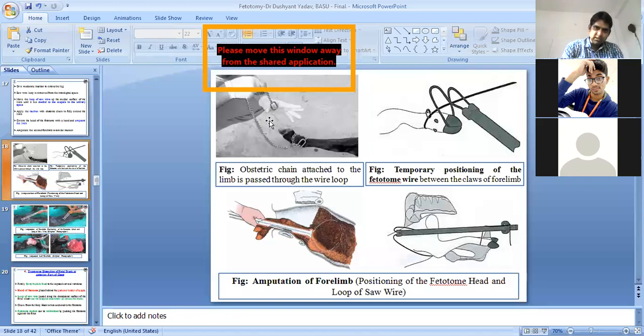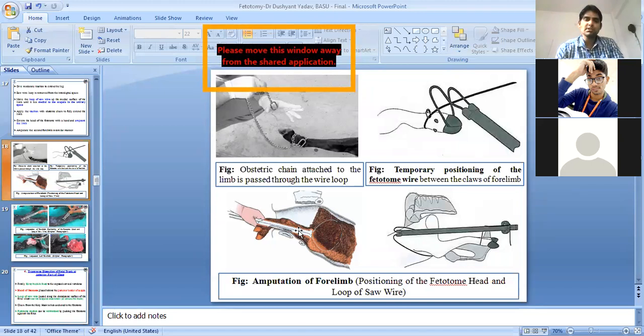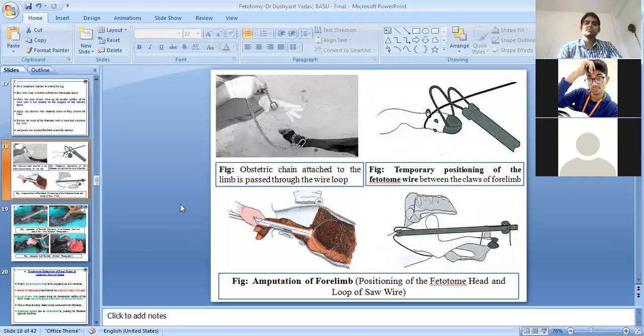Then anchor the fetotome wire or wire shaft in between the claws, then remove from this point and move it forward, that is, anteriorly.